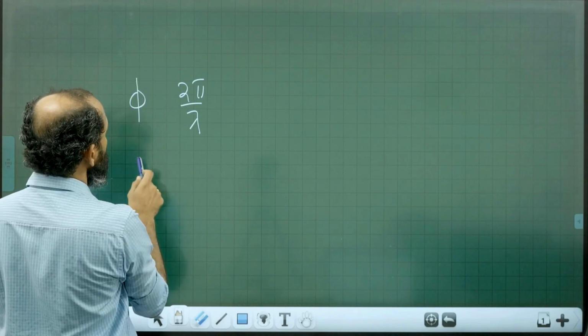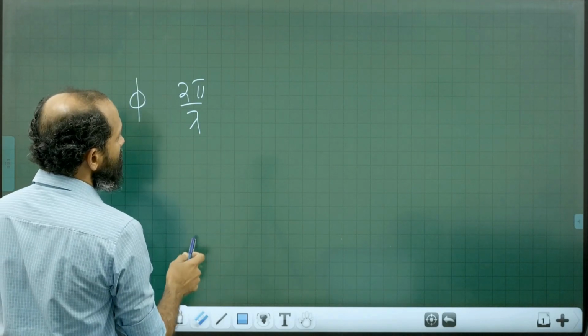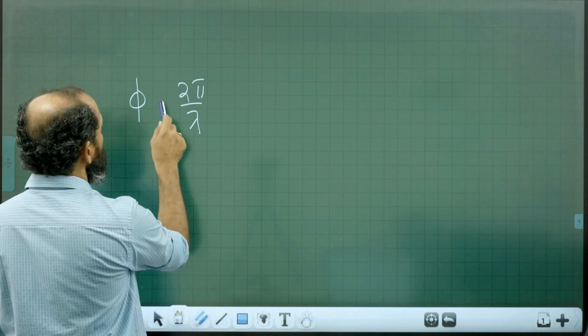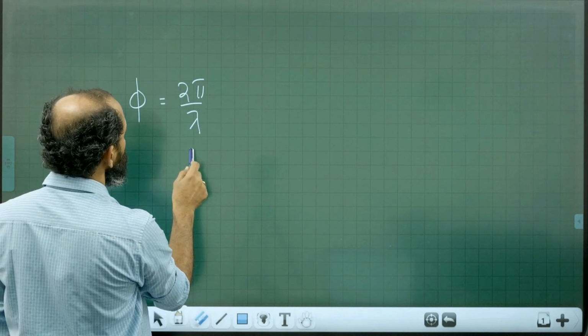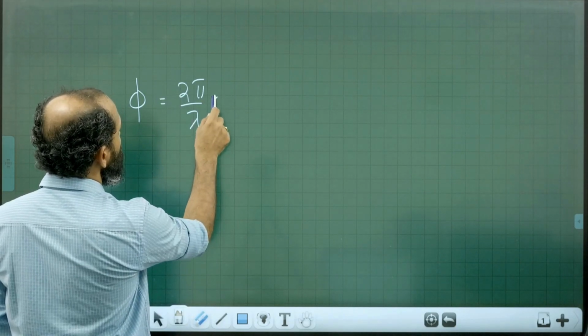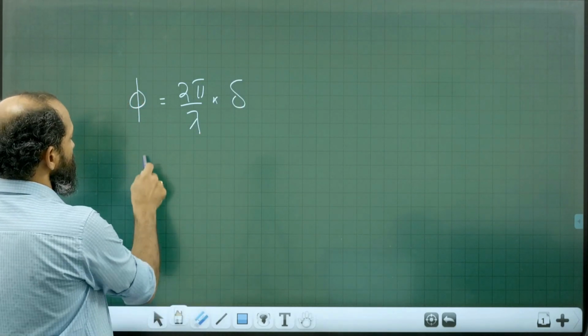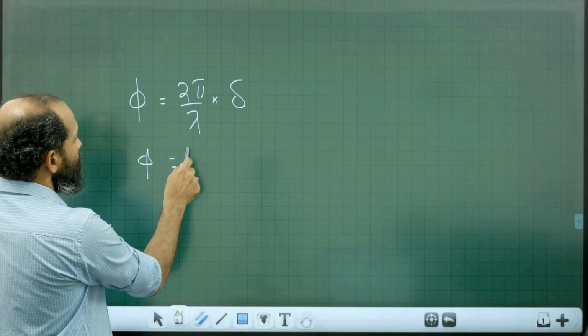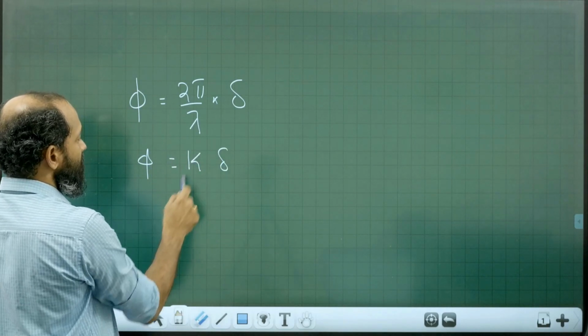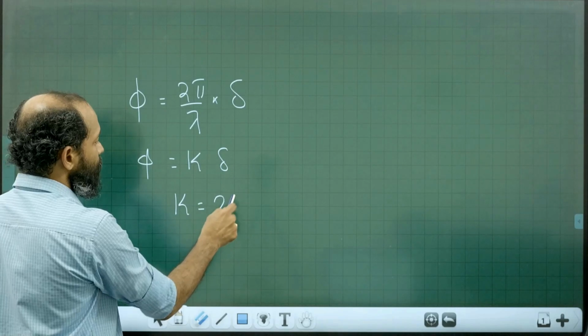The phase angle between any two particles in which a traveling wave is propagating is found to be equal to 2 pi by lambda times the path difference. So this proportion is very important. So phi equals k times delta, where k is the angular wave number or propagation factor.